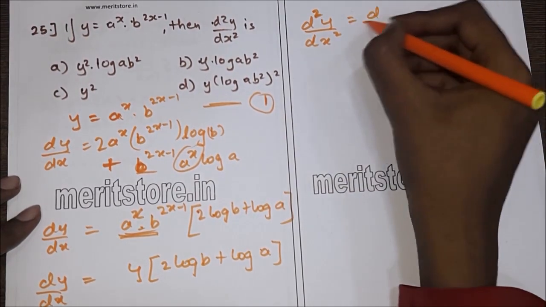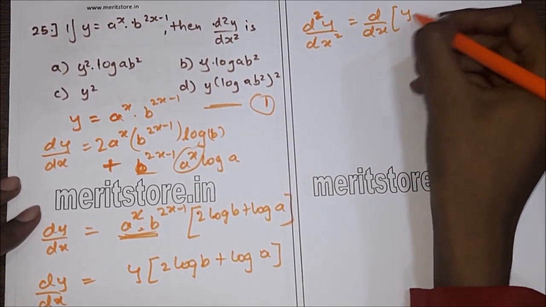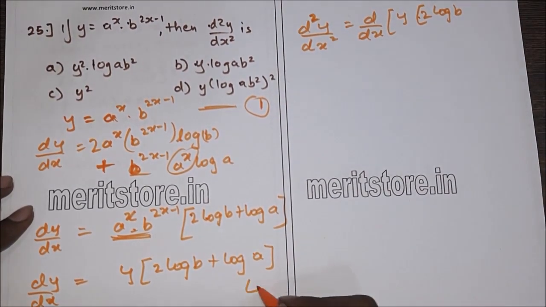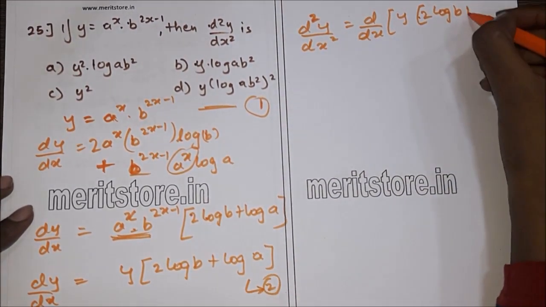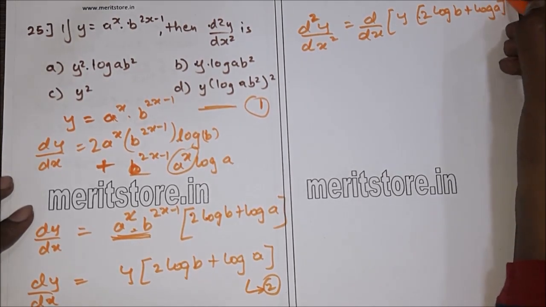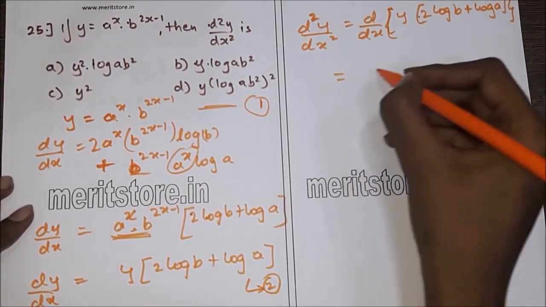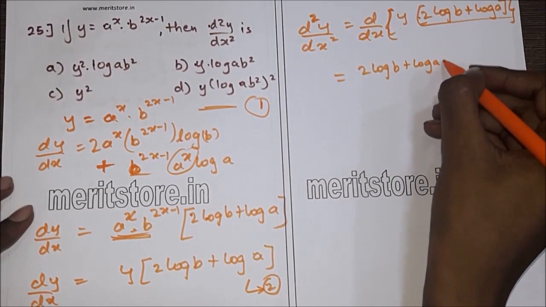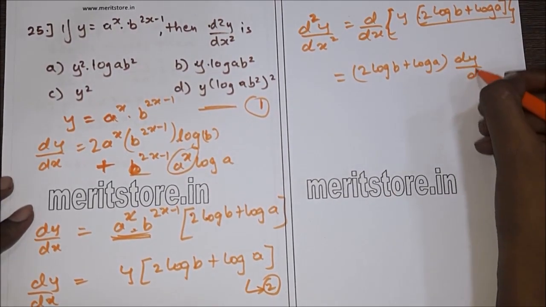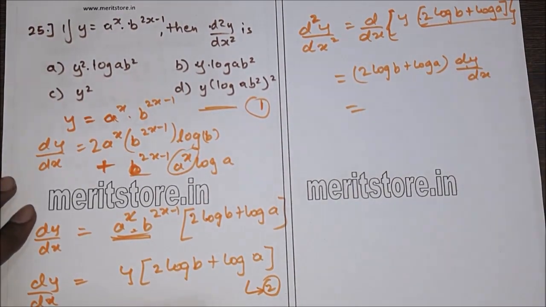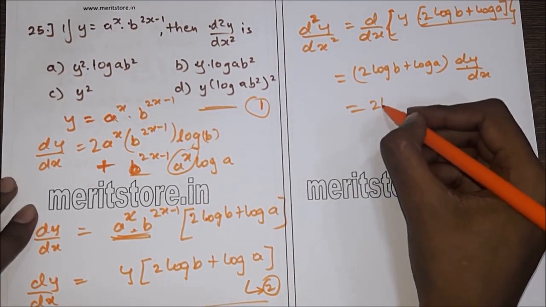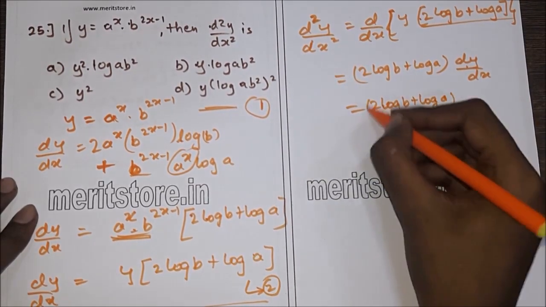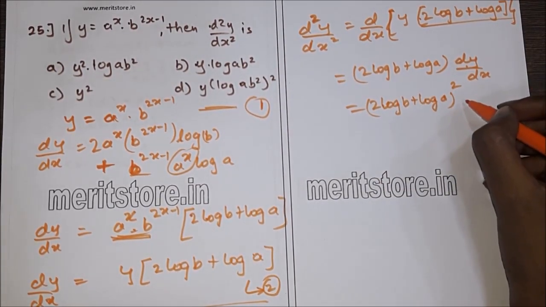So this gives us d by dx of y into 2 log b plus log a. So this is a constant. So 2 log b plus log a into dy by dx. Now dy by dx is this term from equation 2. So we have 2 log b plus log a the whole square into y.